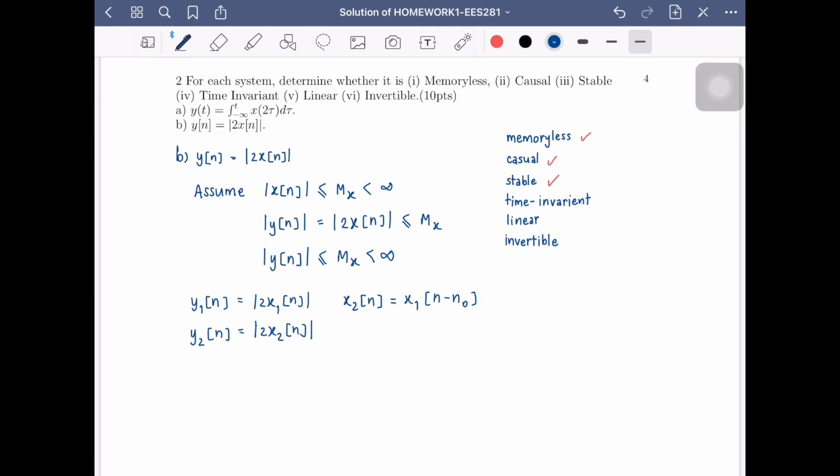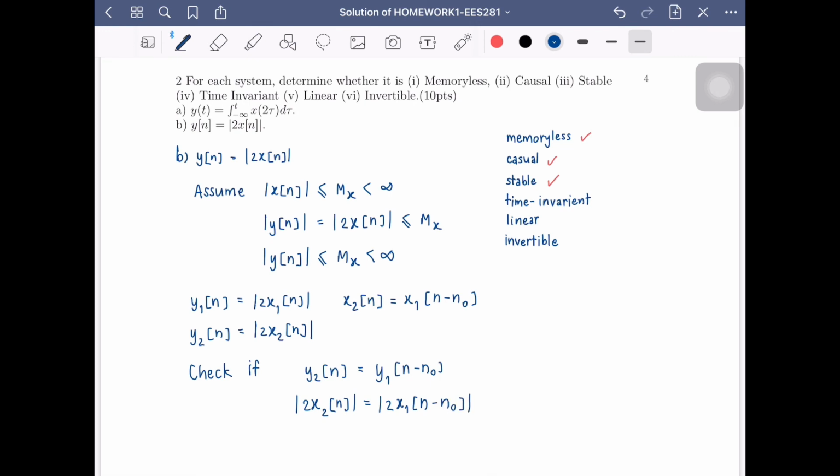Then we check if y2[n] is equal to y1[n minus n naught] or not. Then we got 2x2[n] equal to 2x1[n minus n naught].